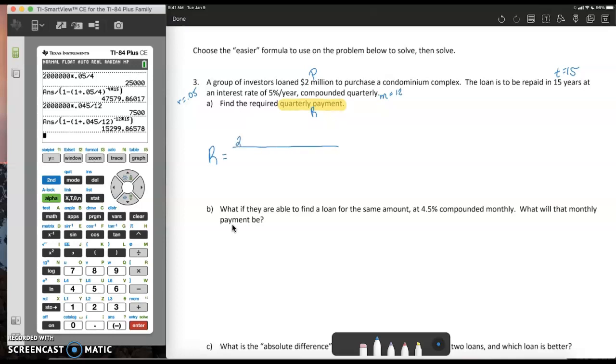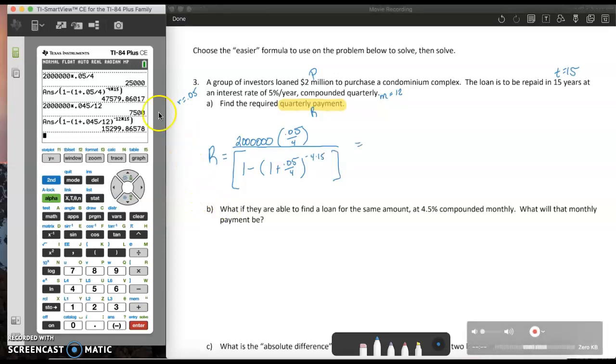We put our 2 million, which is a 2 with 6 zeros, times 0.05 over 4 on the top, and then a big bracket on the bottom, 1 minus, an open parenthesis, 1 plus 0.05 over 4, inside that parenthesis set to the negative 4 times 15 power, and then close it up.